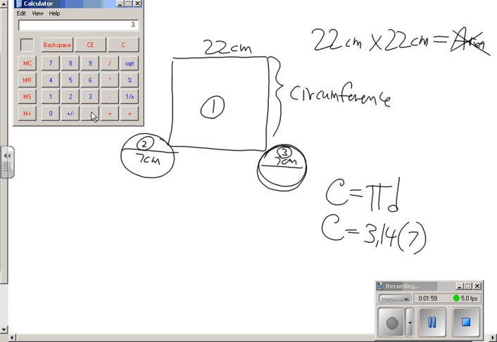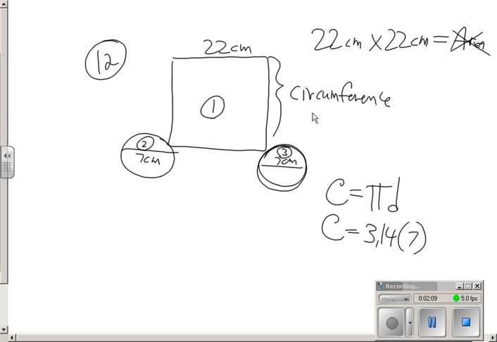So I put 3.14 times 7 equals 21.98. Is it safe for us to say 22? Yes, but you know what? Gosh darn it, I'm going to keep it 21.98 because I like to be accurate.